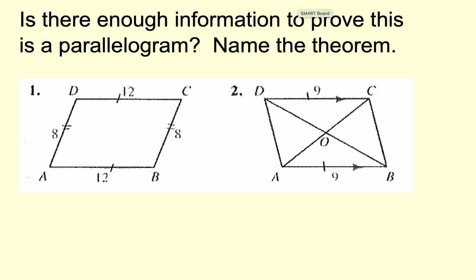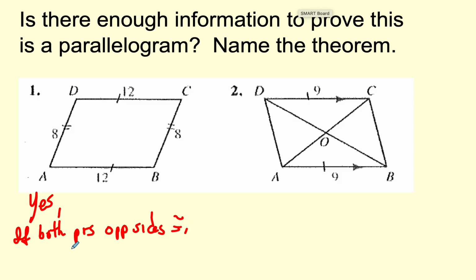Let's take a look at this and decide if we have enough to prove this is a parallelogram. Notice that we have opposite sides congruent, and the answer is yes. And we say, don't forget the word both, if both pairs of opposite sides are congruent, then we say it's a parallelogram.